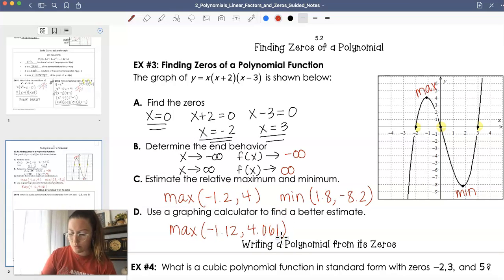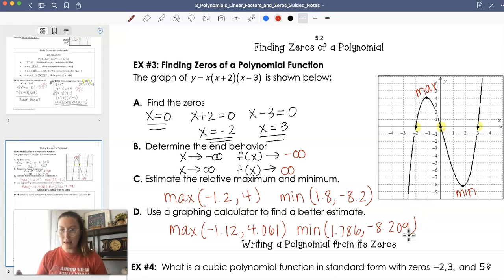So our estimations were pretty good. And then our minimum was at x = 1.786 and y = -8.209. Okay, and that's how you calculate a max and a min on the graphing calculator.